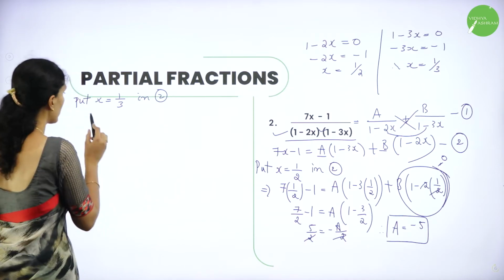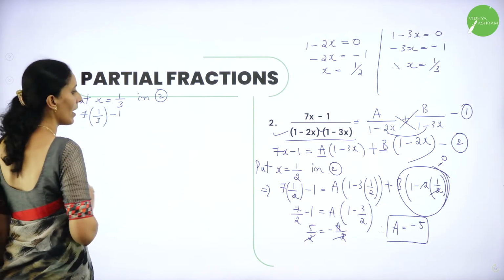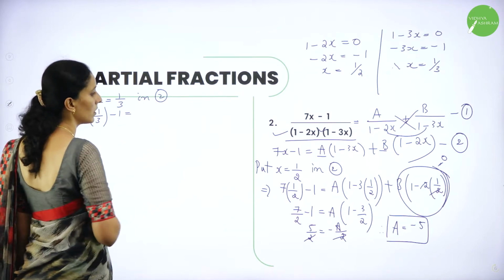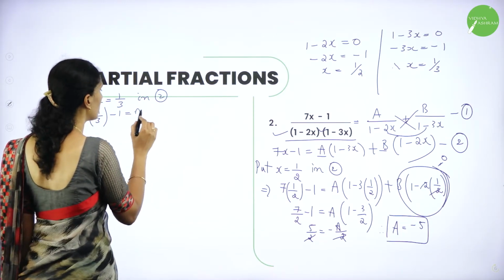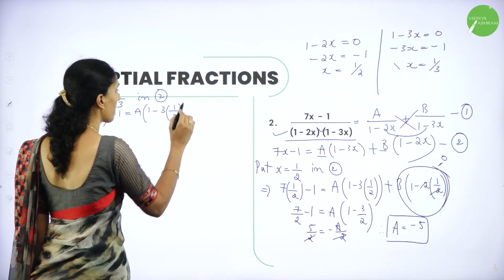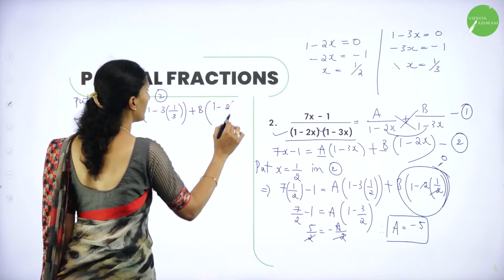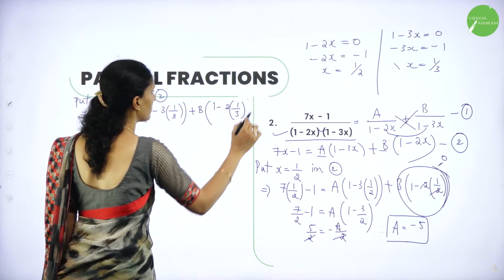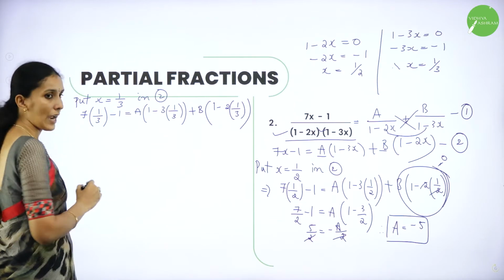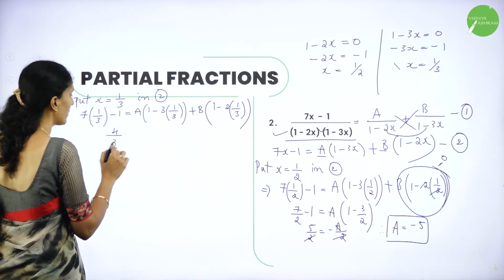Again what I'll get? 7 into 1 by 3 minus 1 is equal to a into 1 minus 3 into 1 by 3 plus b into 1 minus 2 into 1 by 3. So when you multiply and solve, you will get this as 4 divided by 3.